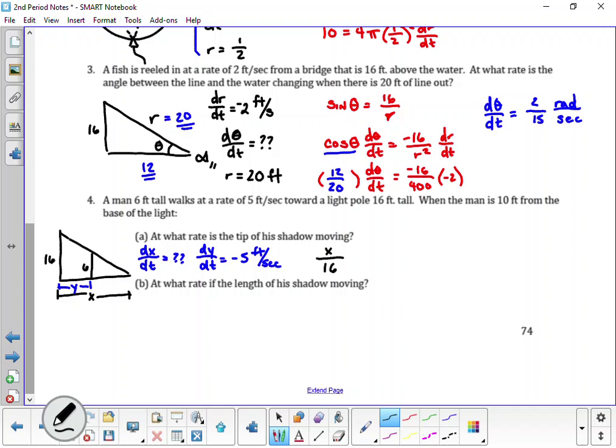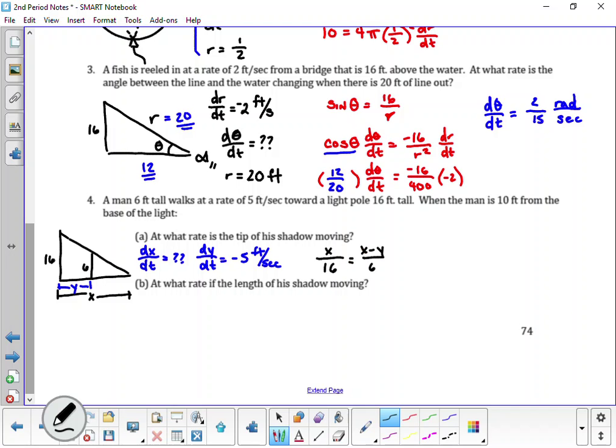So x over 16 equals, and for the small triangle, x minus y over 6. Cool. So I've got a similar triangle ratio.